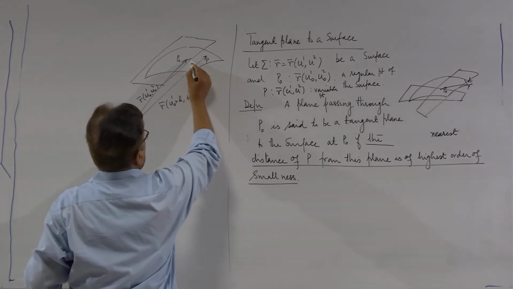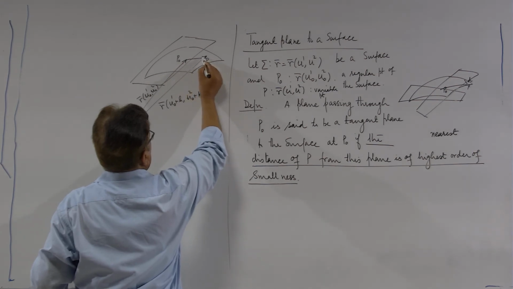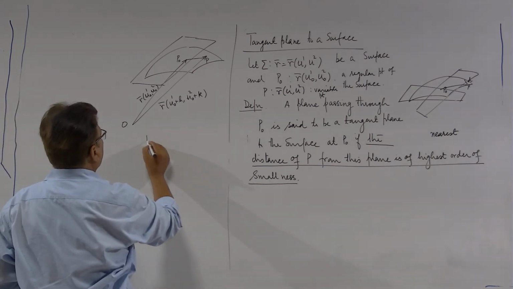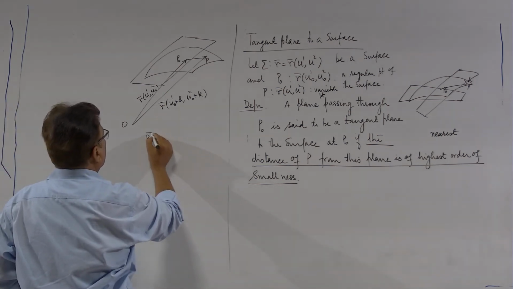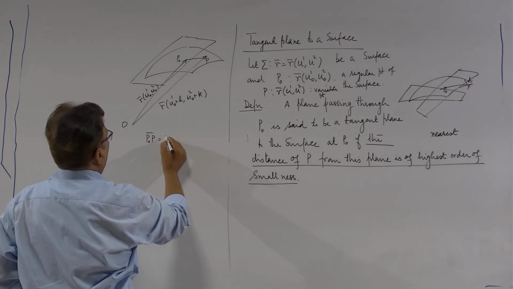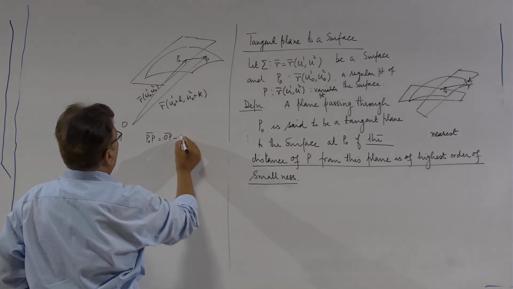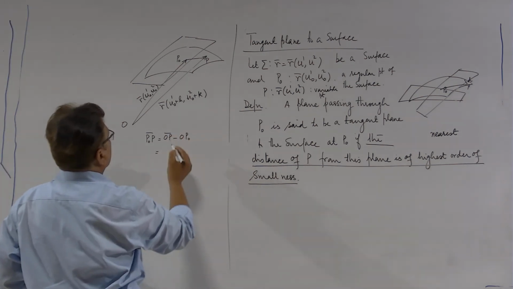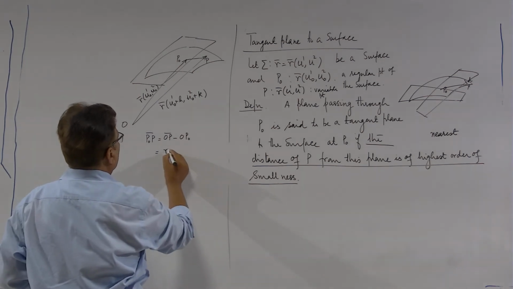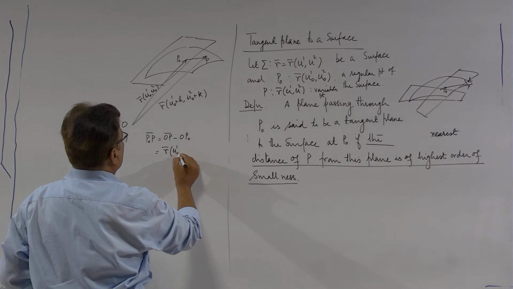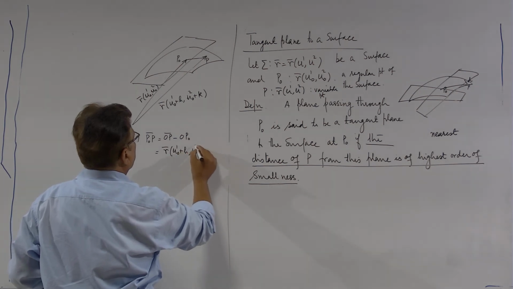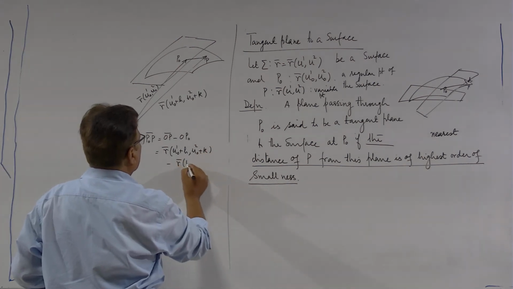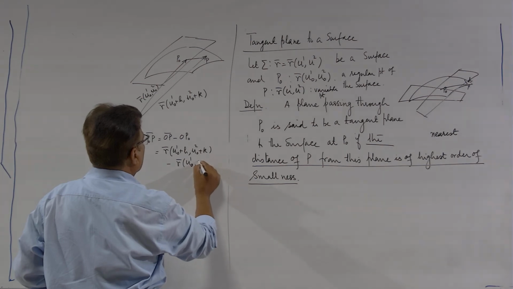Now, look at this difference. This is the distance between P0 and P. So, the vector P0P is OP minus OP0. This is r of u10 plus h, u20 plus k, minus r of u10, u20.